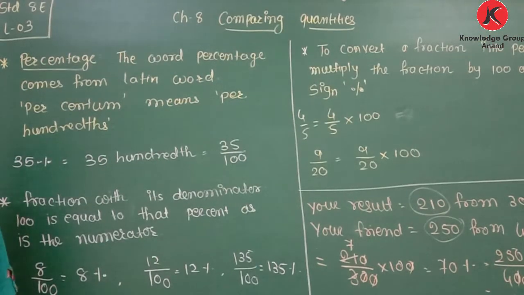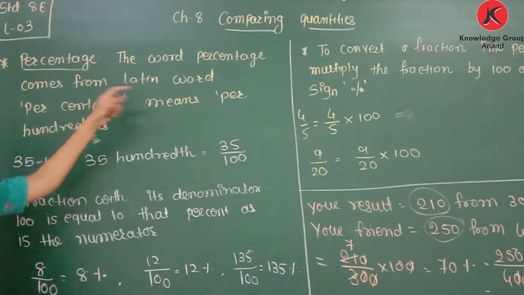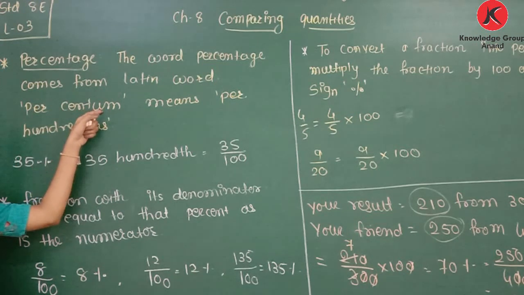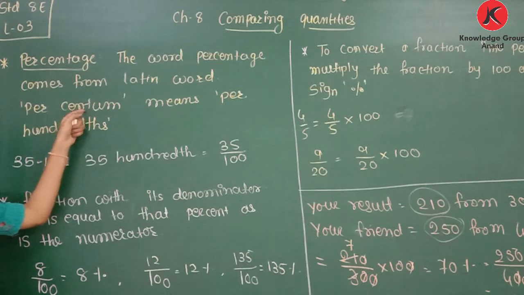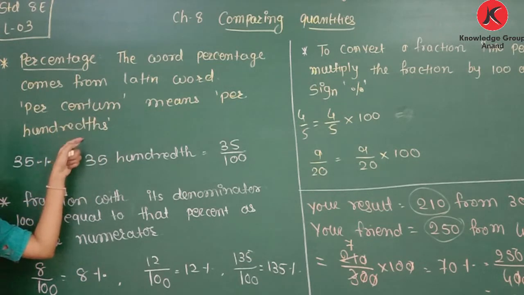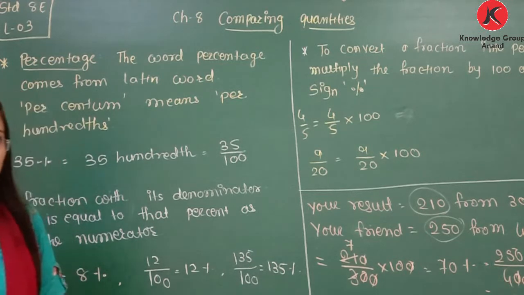So what is the percentage? The word percentage comes from the Latin word percentum. It means per 100. It means if we find the quantity out of 100, we get a percentage.